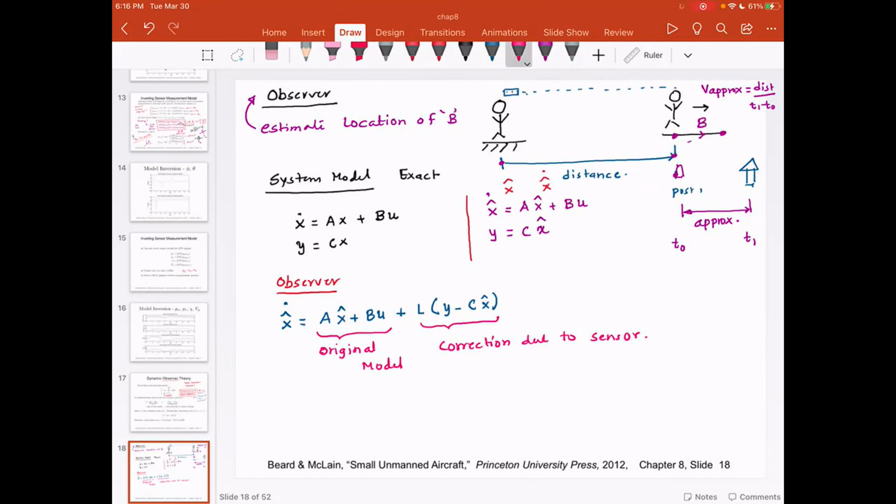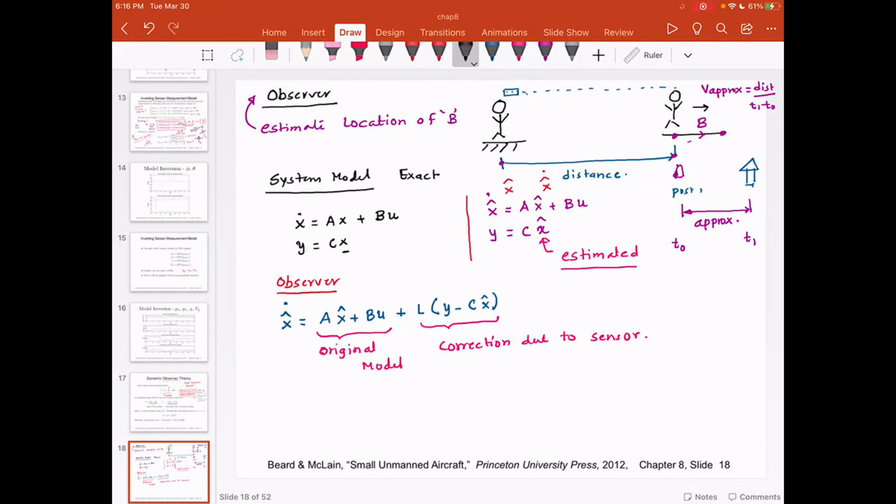Now what is this? In other words, your friend's actual location is given by x, but your friend's estimated location is given by x hat.